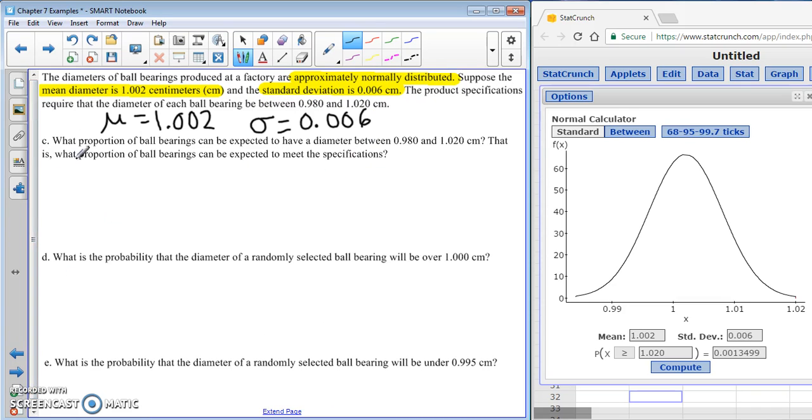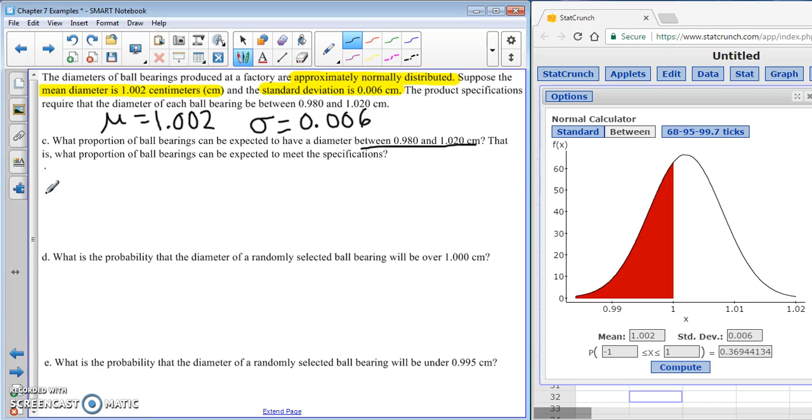So our next set of problems. What proportion of ball bearings can be expected to have a diameter between those two amounts there, which is the ball bearings that can be expected to meet the specifications, right? So we're going to go to between, so we want the probability that 0.980 is less than x is less than 1.020.